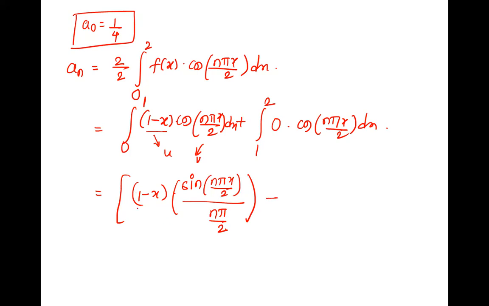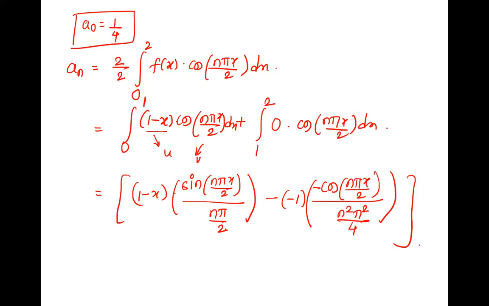Then minus sign, derivative of u: 1 is 0 and minus x has derivative minus 1, into the integration of sine, which is minus cos(n pi x by 2) upon n pi by 2, and original 1, so it is n square pi square by 2 square, that is 4. Is this over? Yes, because the next derivative will be 0, evaluated from 0 to 1. And the other part is directly 0, so no need to do anything.